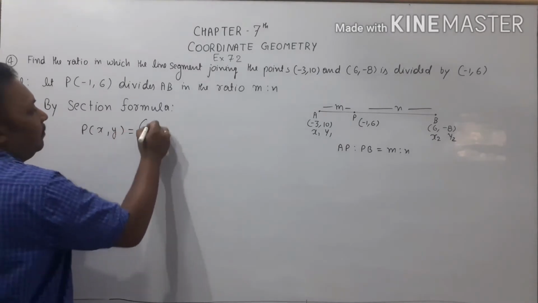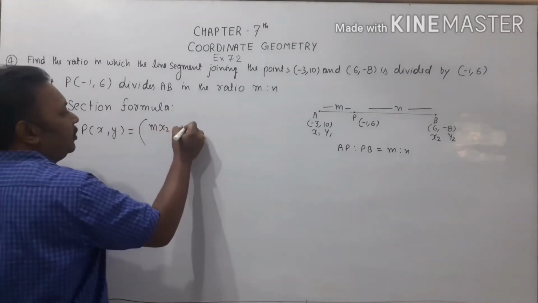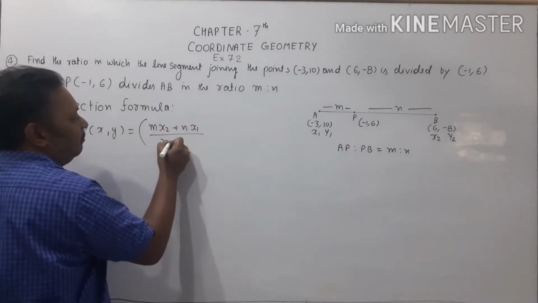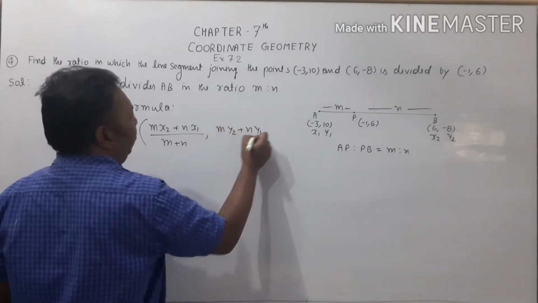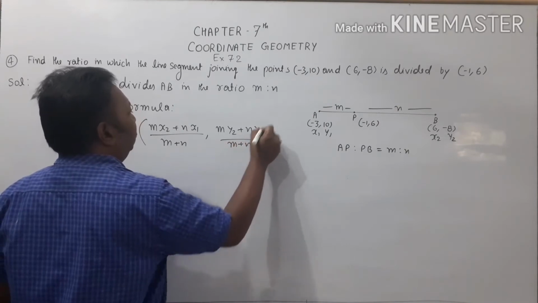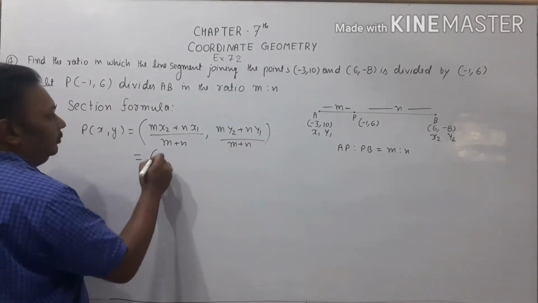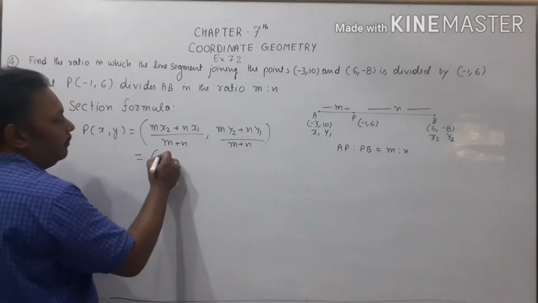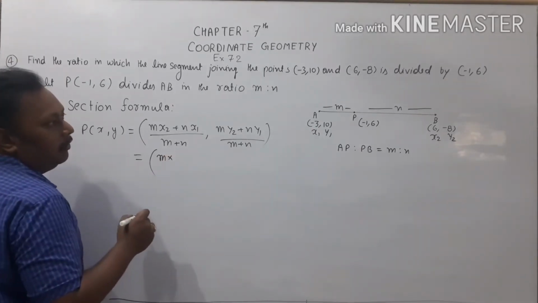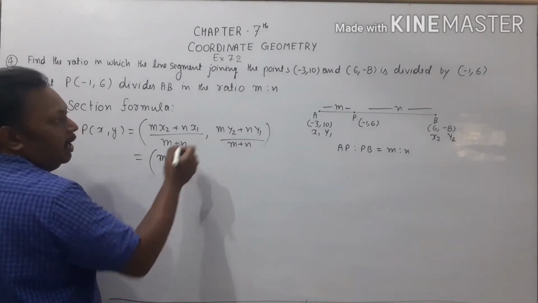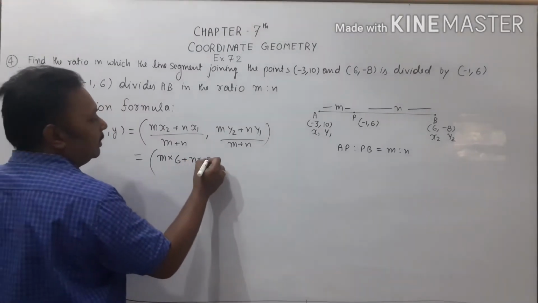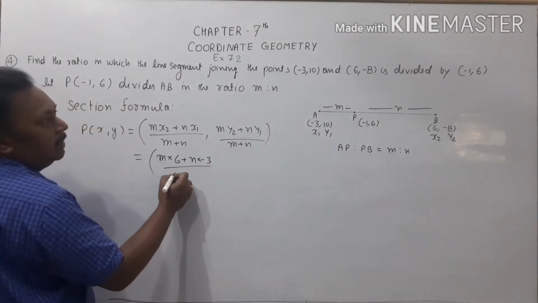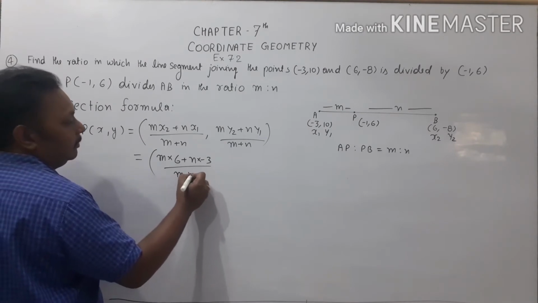This is (mx2 plus nx1) upon (m plus n), (my2 plus ny1) upon (m plus n). Here the value of x2 is 6, and the value of x1 is 3, so we get (6m plus 3n) upon (m plus n).